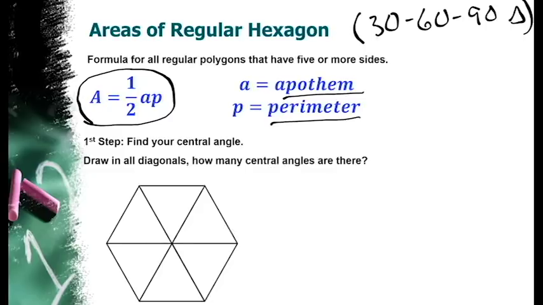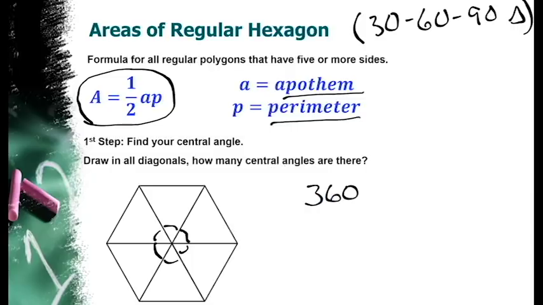So I have a hexagon drawn down here below, and in this hexagon, what I would do is I would draw in all the diagonals that I could. Drawing in those diagonals, I can see here that our central angles created, we have 6 of them. So we have 6 equal central angles. Together they all add up to 360 degrees.